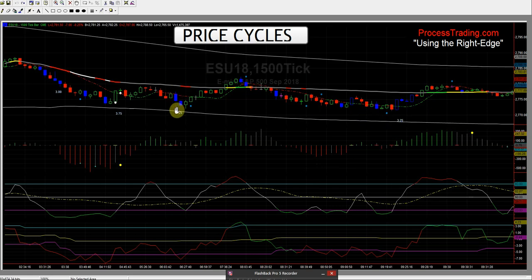Of course, the trouble with that is the accumulation phase is when price is going up. Well, you don't know if this is the end of the accumulation phase. You don't even really know if this is the beginning of the accumulation phase. You don't know if this is the end of the distribution phase or where the beginning or the end of that is. So that's the trouble with just the general terminology.